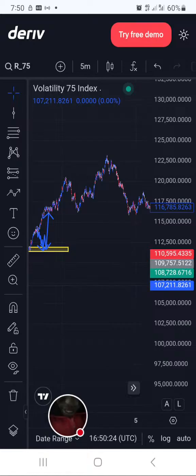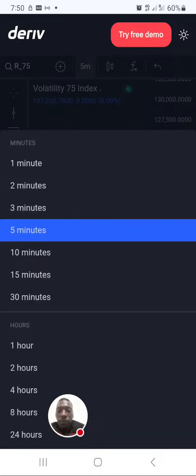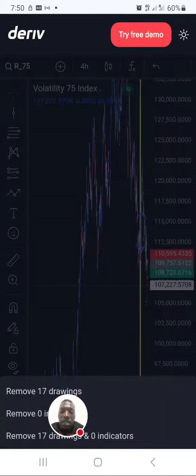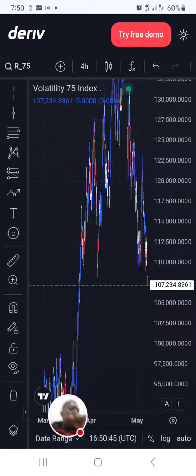You see, you have to understand the characteristics of that asset which you are trading. What are those characteristics or behaviors? You have to read the candles, how they move. For instance, let me go to H1 or H4. H4 is good. Let me delete everything here.